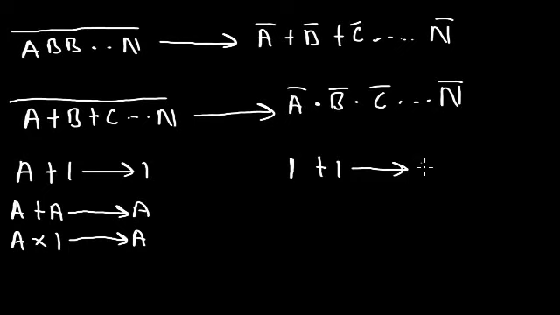A true statement plus a true statement will result in a true statement. But what if A is 0? A false statement plus a true statement will eventually result in a true statement, according to the OR gate properties. You can always use this method to confirm if your answer is right or not.